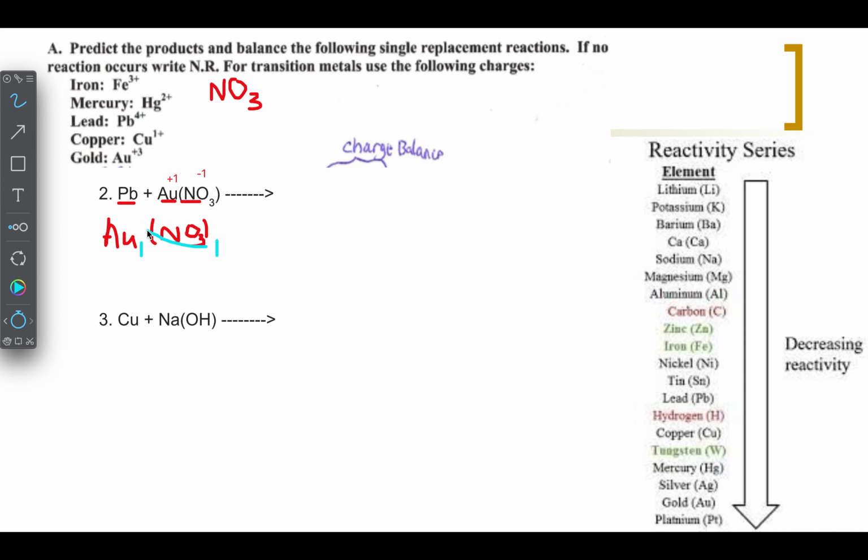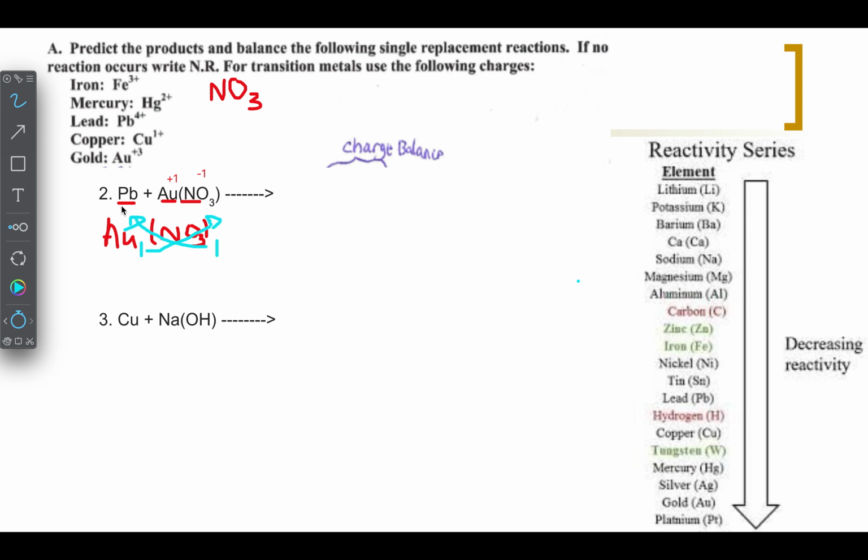And those get swapped with our arrows to become the charges, which is how we know that NO3 is a -1, which came from down here, and Au is a +1. You must crisscross them. That is the important part. Au is positive because it's a metal, it's always positive. NO3 is negative because it's non-metals, it's always negative.